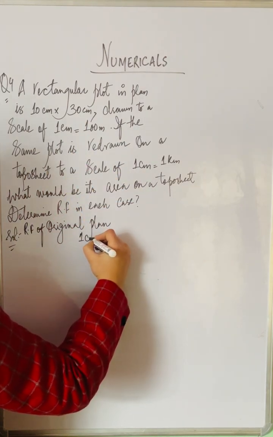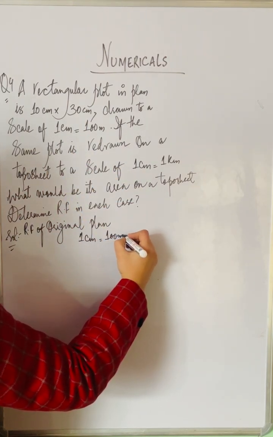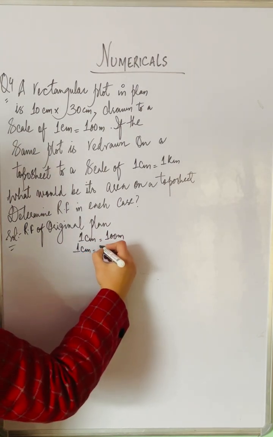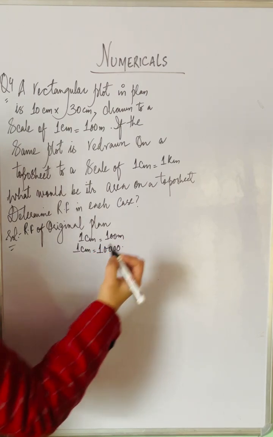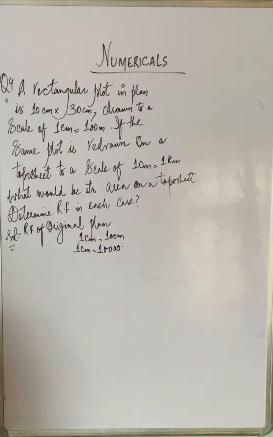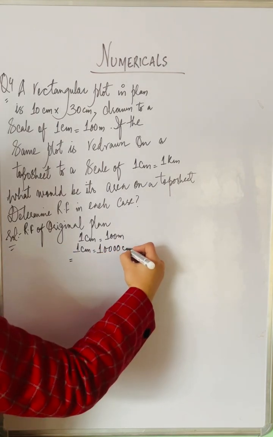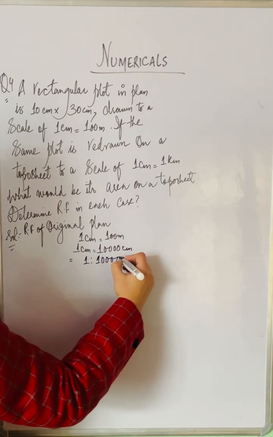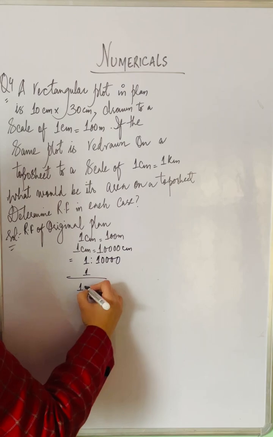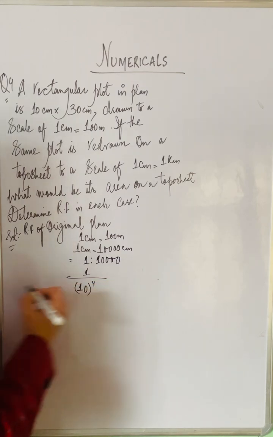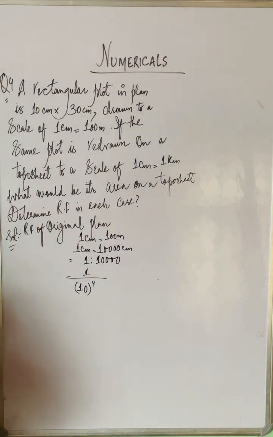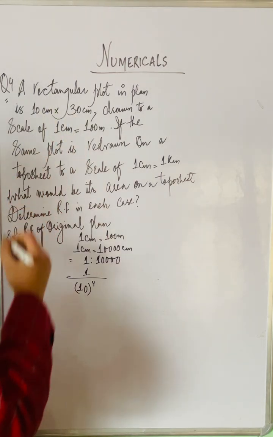It's 1 centimeter is equivalent to 100 meters, which means, right, and which will come equivalent to 1 is to 10 raised to the power 4. This is the representative fraction of our original plan. Now what is the actual area on this plan?